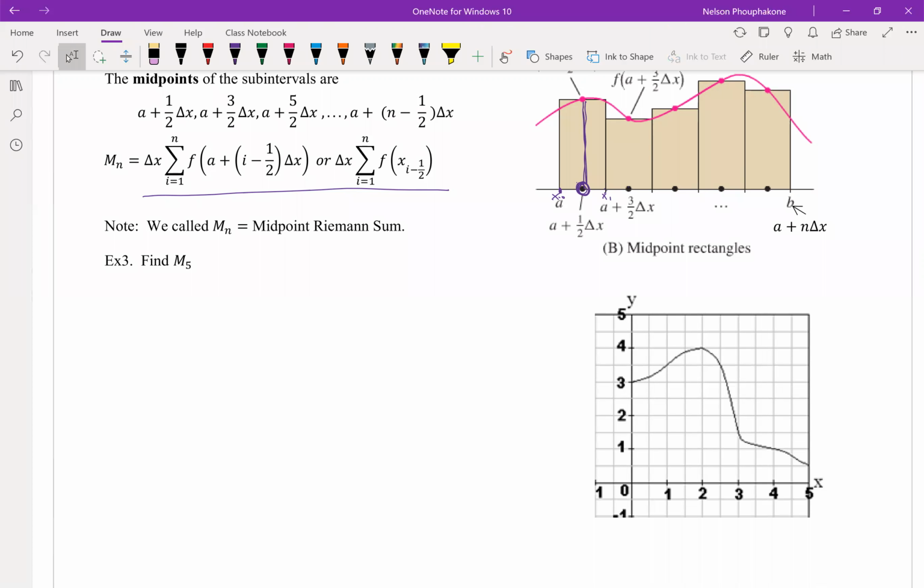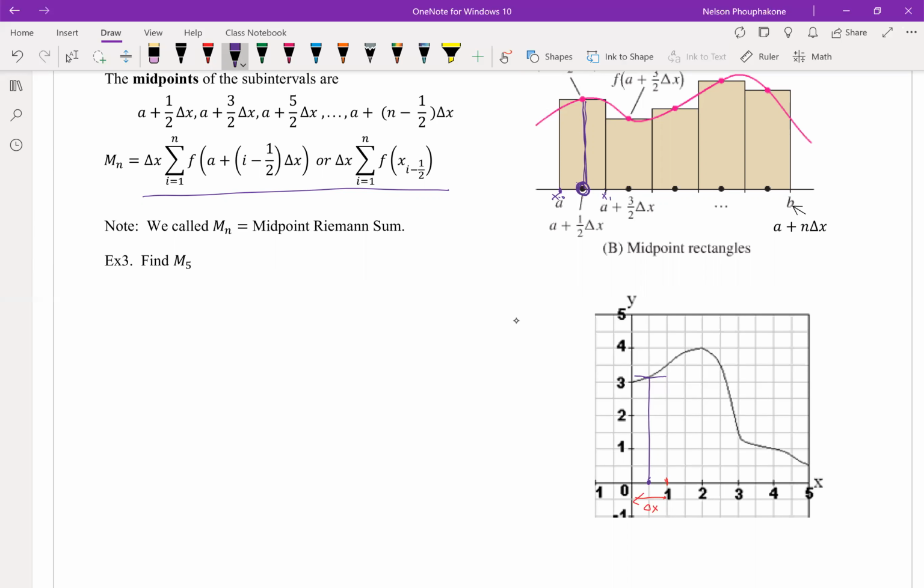In this case, remember again, we are working with m sub 5, meaning the delta x is 1. This is my delta x. Because we work with the midpoint, in this case we are going to use the 0.5 to help us find the height.